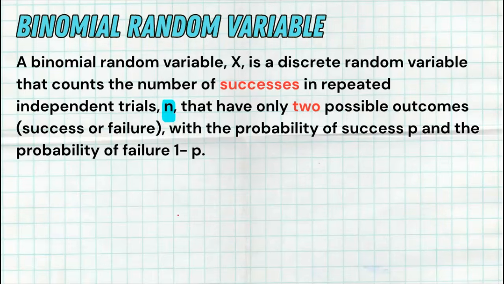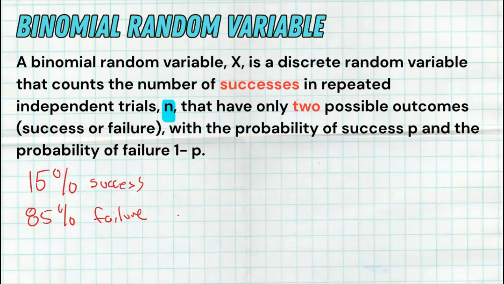So for example, let's just say that Doug has a 15% chance of hitting a bullseye with a dart. And we know automatically that if he has a 15% chance of success, that's hitting the bullseye, then the complement would be the 85%, which would be 1 minus P, and that is where we get failure.